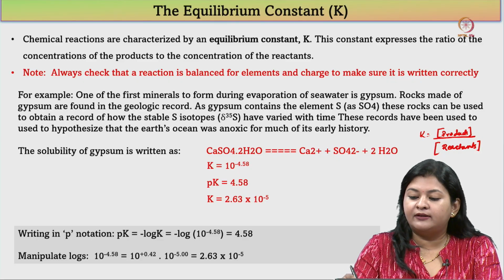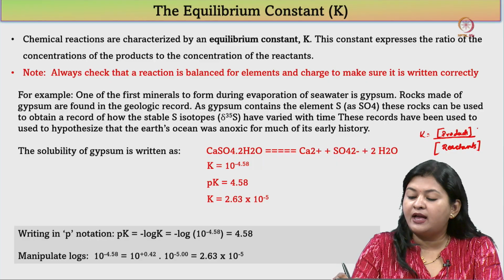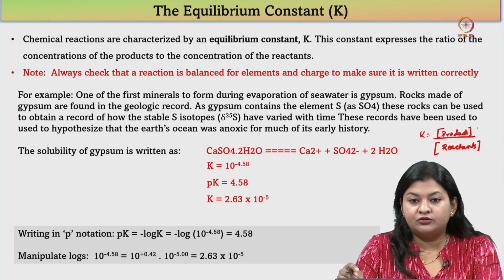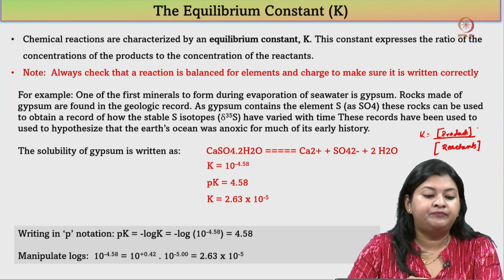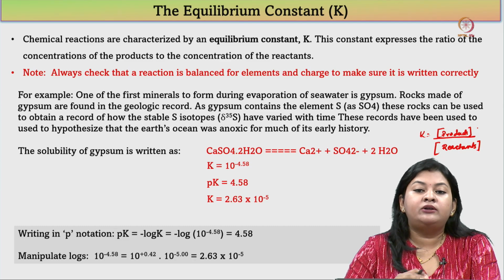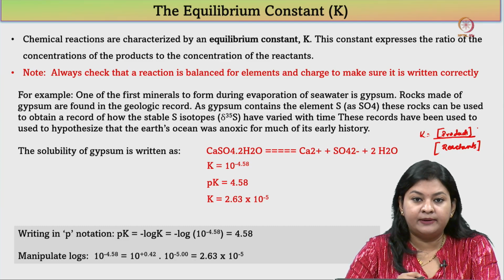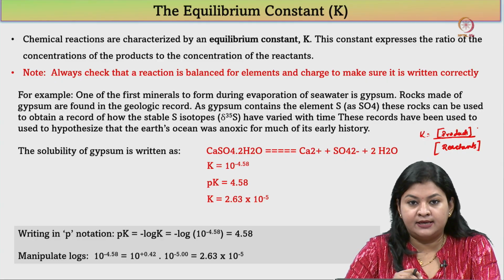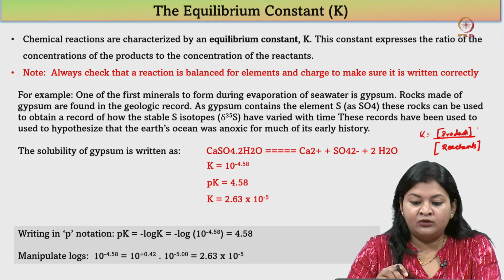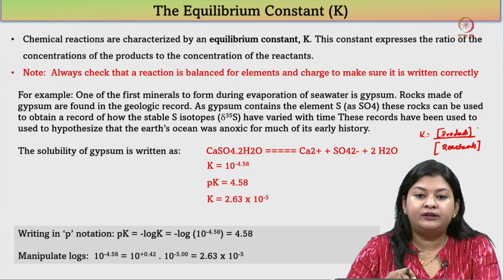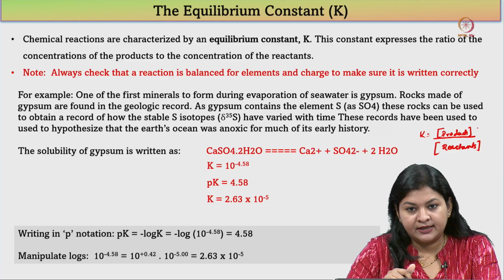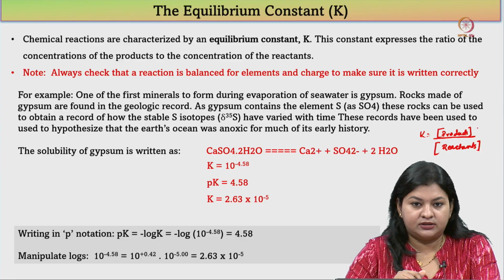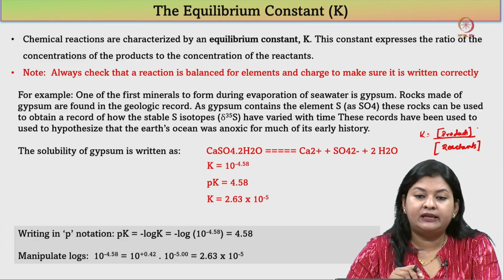You may have 4-5 products here, you may have any number of reactants here, you just go on multiplying them in their concentration terms. What is very important here? When you are writing an equation, you have to always balance the equation and see that all the charges balance and every mole to mole calculation is correct. So, the molar corrections have to be checked and the charge balance also has to be checked. So, you have to be very careful about that.